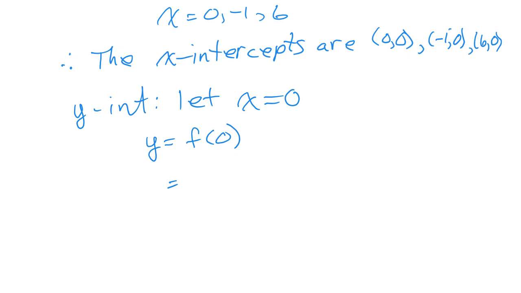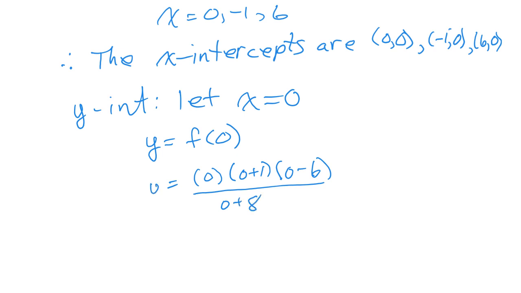So y is equal to the following. 0 times 0 plus 1 times 0 minus 6 all over 0 plus 8. And multiplying that out, we end up with 0. So we end up with y is equal to 0. So our y-intercept is 0, 0. And we're done.